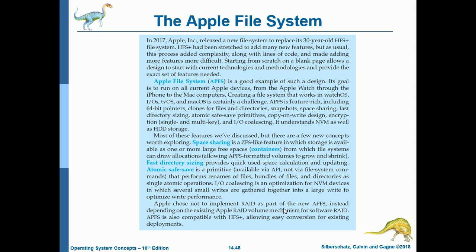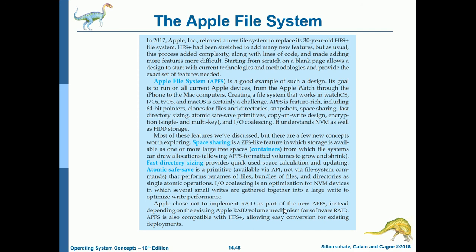Starting from scratch on a blank page allows a design to start with current technologies and methodologies and provide the exact set of features needed. So since HFS has already retired, Apple has created their own file system, named Apple File System, or APFS. It is a good example of such a design.